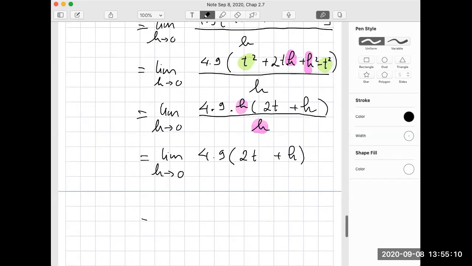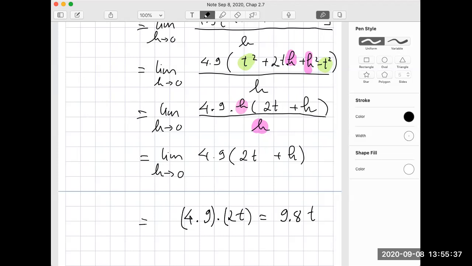Therefore, the limit will be 4.9, and we substitute h equal to 0, then it disappears here. It will be 4.9 times 2t, which is 9.8t, with any t.